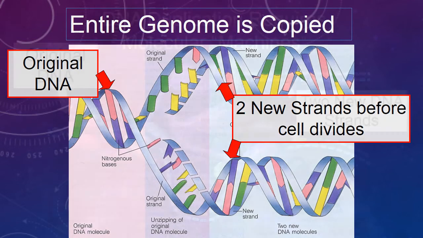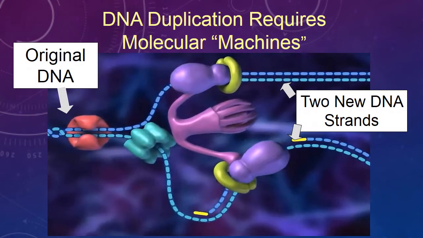And here is some of the molecular machines. They're protein enzymes. There's one on the left that holds it in place to keep the original from unwinding, another one that winds it, and these 2 new strands are being built nucleotide by nucleotide at an incredible speed with these kind of building machines, if you will.